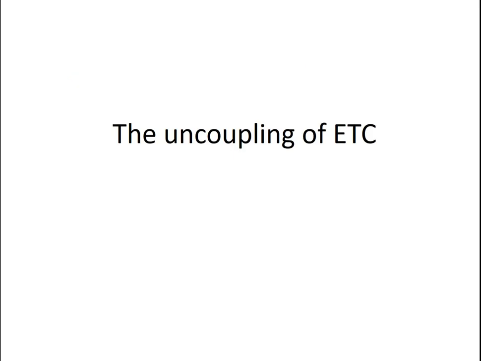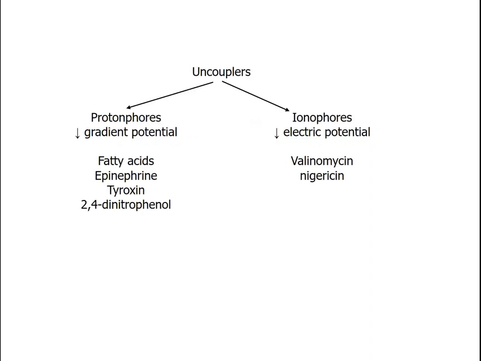Uncoupling is a decrease in ATP production without violation of proton transmission along the electron transport chain. It may happen because of a decrease in the gradient or electrical potential.